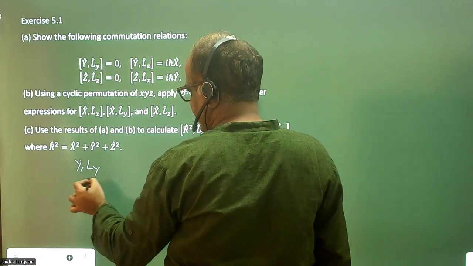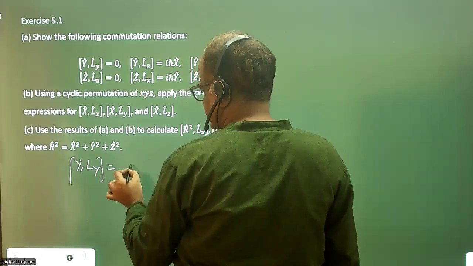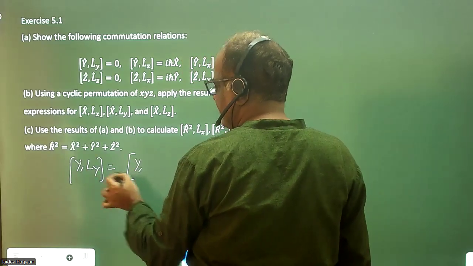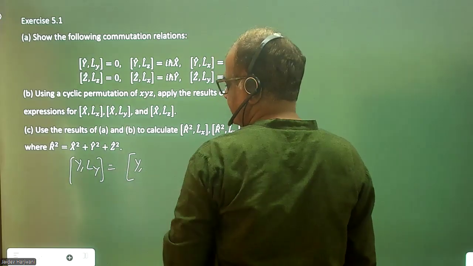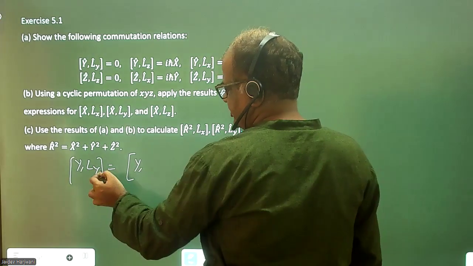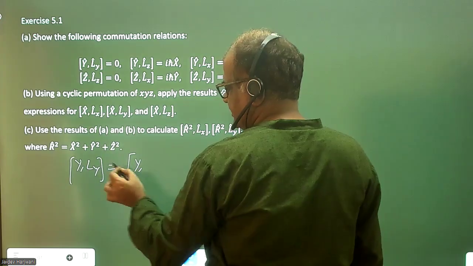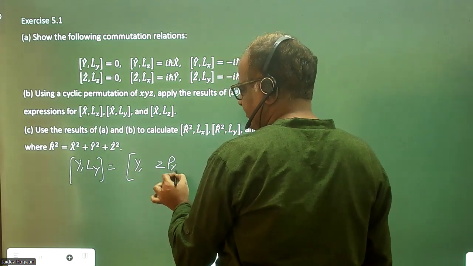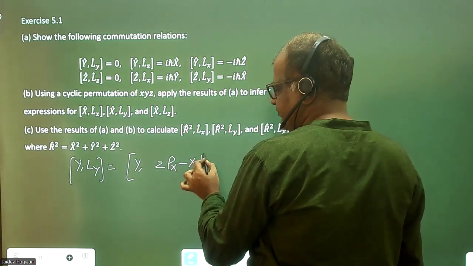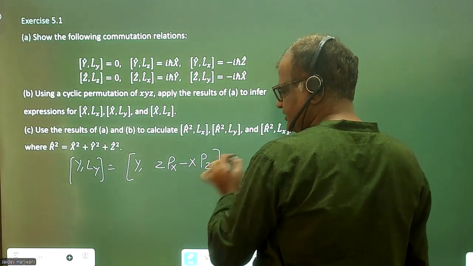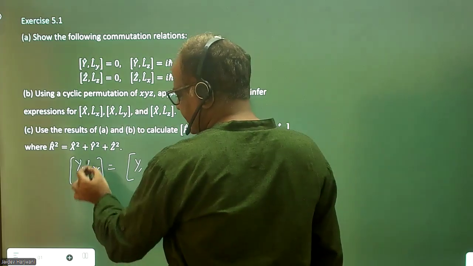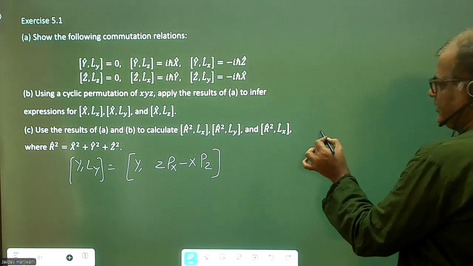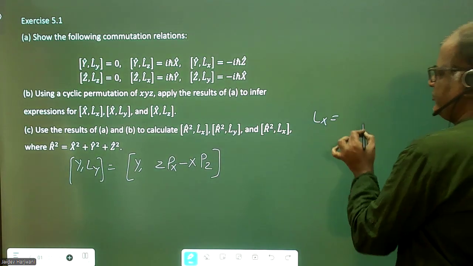Now y, you know, in terms of momentum and position vector operator, if y is there, then z will come, and after z, x will come. Similarly, this will become pz. This is a linear symmetric relation. So how do you write Lx?